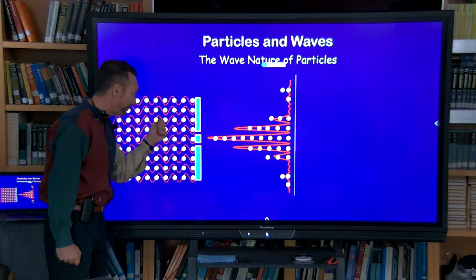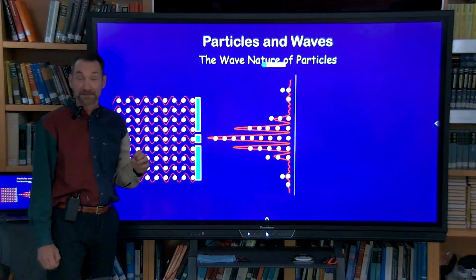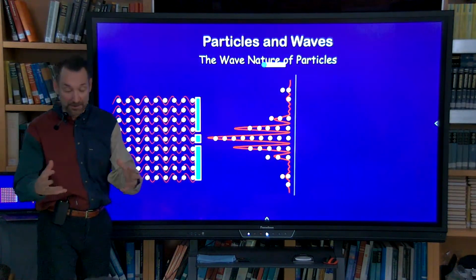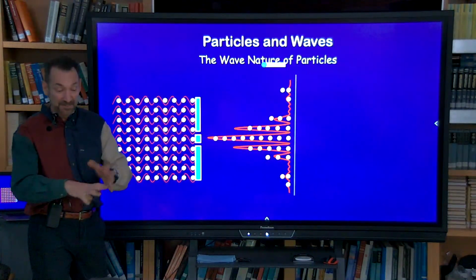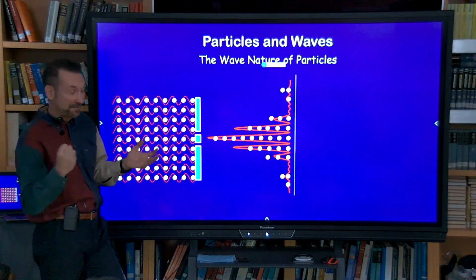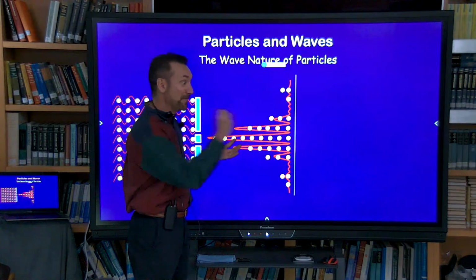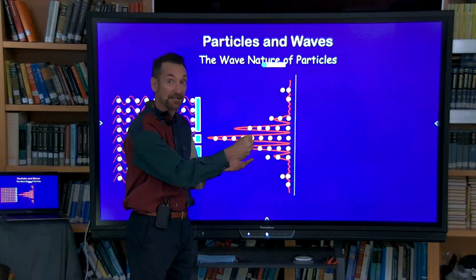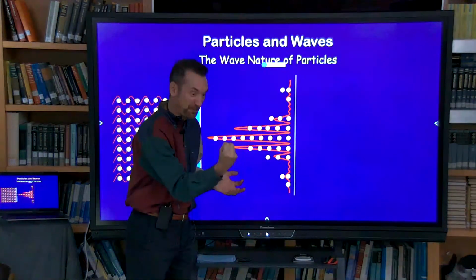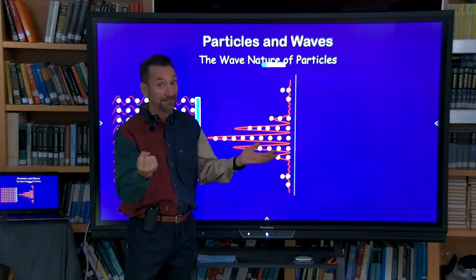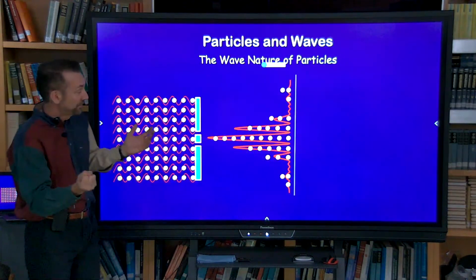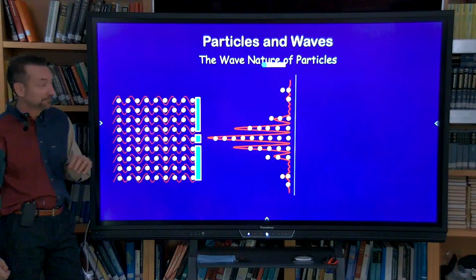So we have physical particles, electrons. That's a physical particle. No one's ever seen one, and we don't know how big they are physically, none of that. But we have this idea that we can measure their momentum and their kinetic energy. We have this idea that they're a physical particle. We can measure their mass. So they are a particle.